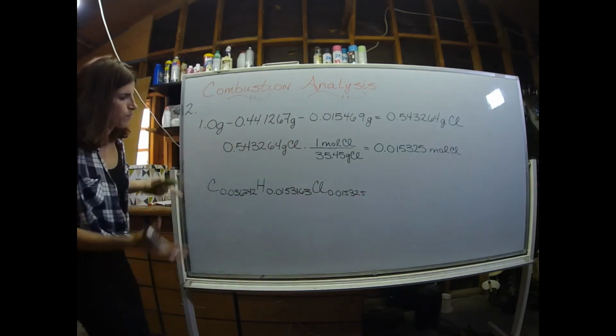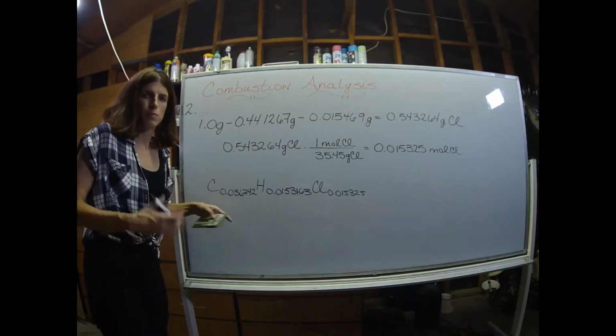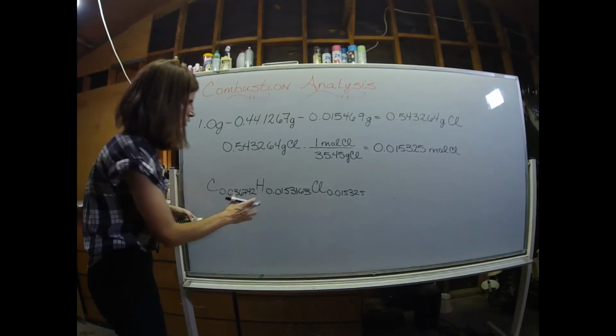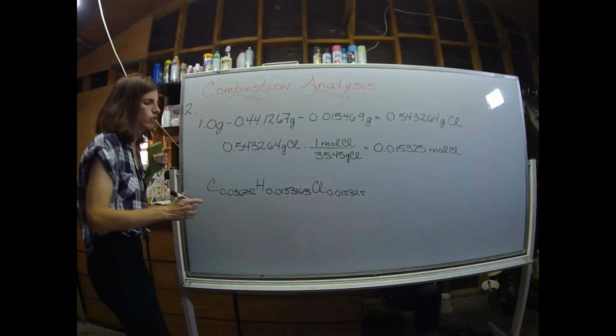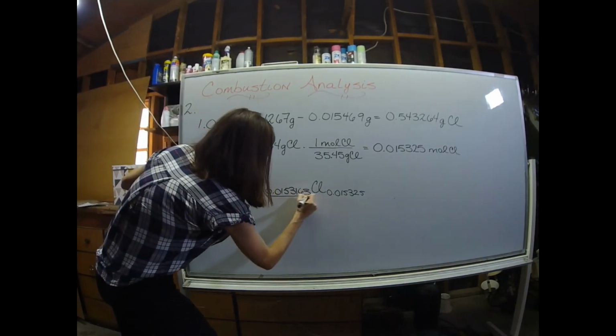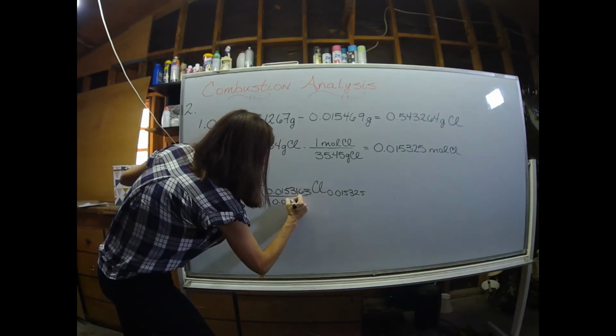Looks like hydrogen and chlorine are in a tie as being the smallest of all the mole values. So 0.0153. They start deviating a little bit at some point, but I don't think that's going to matter. So I'm going to divide everybody by 0.0153.